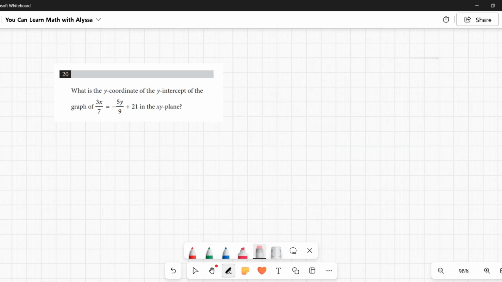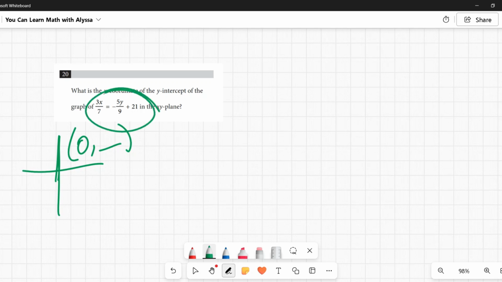If you are doing this mathematically, there's actually a couple of ways you could do it too. You can say, well, I know when it's on the y-axis, like I just said, the x-coordinate is going to be 0. So I'm going to plug 0 into this equation, and then I'm going to solve for y. Absolutely valid way to do this.